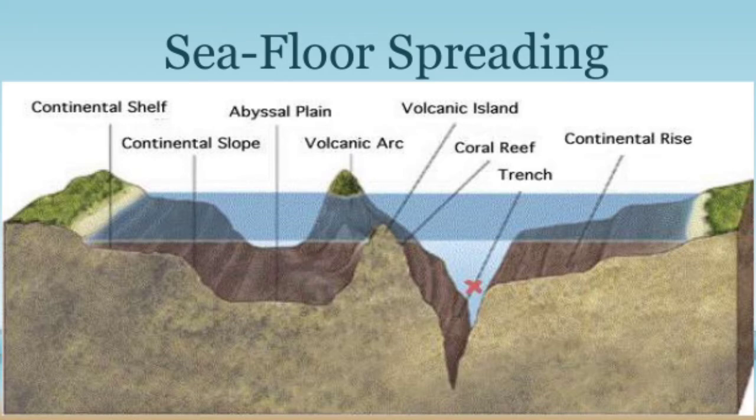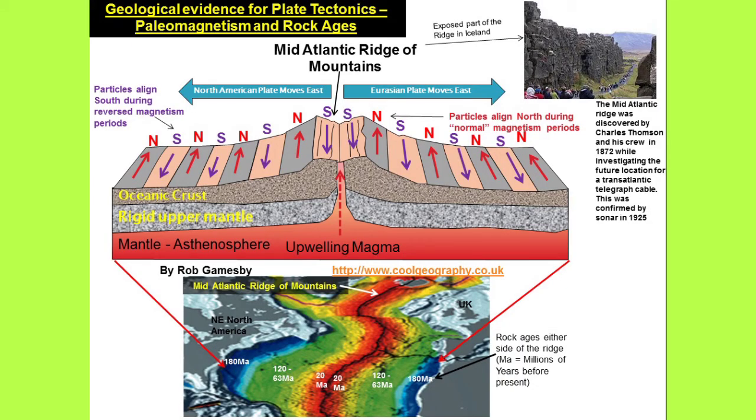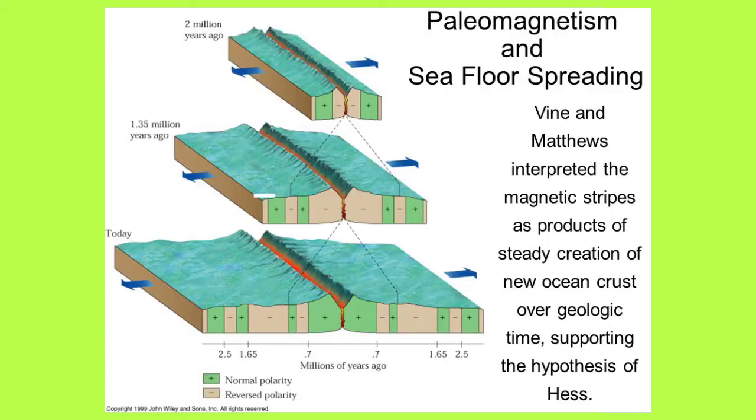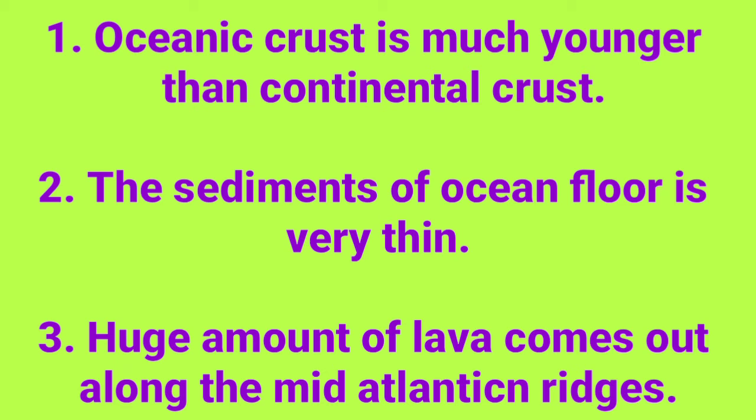The paleomagnetic studies of the ocean floor reveal that along the mid-oceanic ridge there is intense volcanic eruption. It is also found that the oceanic crust is much younger than continental crust, and the sediments of the ocean floor are very thin. A huge amount of lava comes out along the mid-Atlantic ridges.